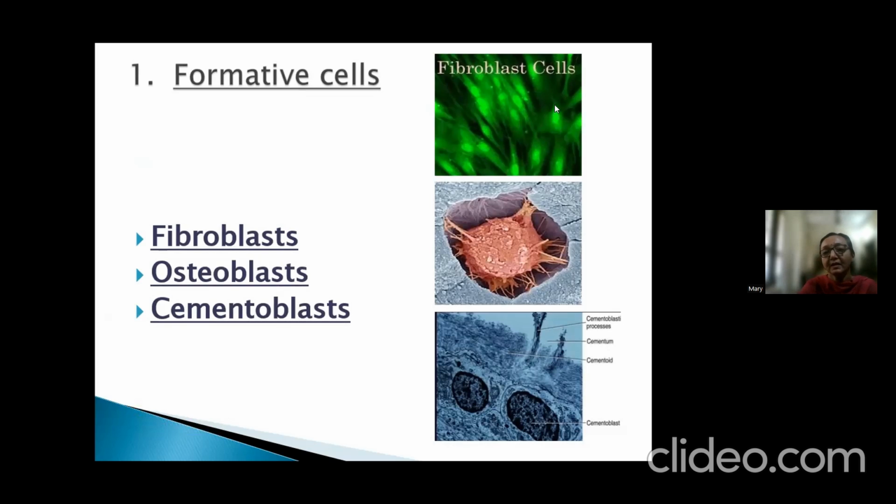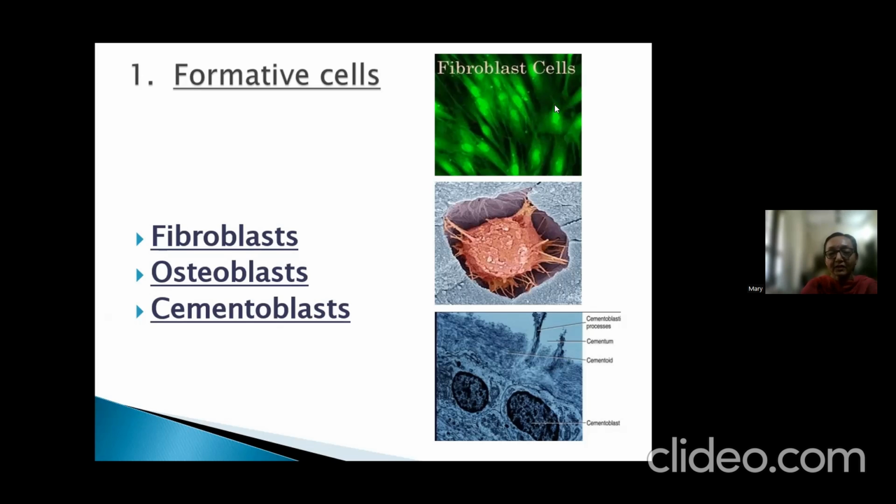Fibroblasts are actually large multinucleated cells which are usually seen as the predominant cell group in the periodontal ligament, and they are usually flattened, irregular, disc-shaped cells with extensive cytoplasm. The main function of the fibroblast is production of ground substance as well as formation of extracellular matrix.